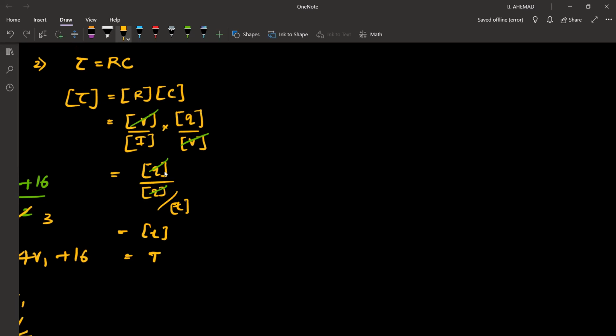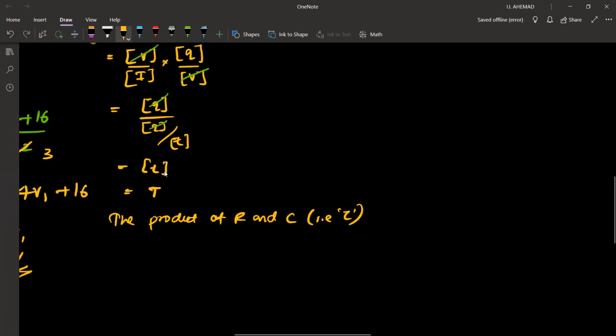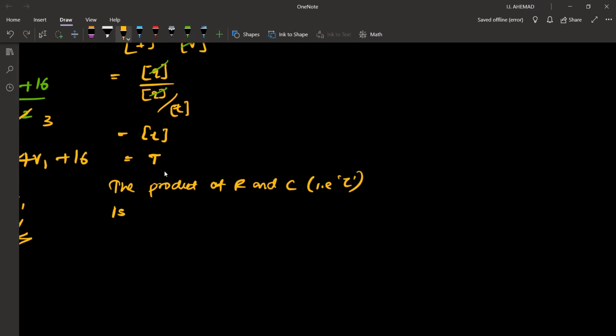So tau is a time. The product of R and C, that is tau, is known as the time constant.